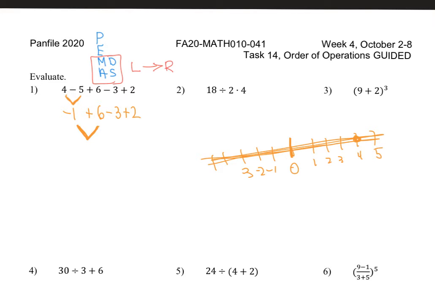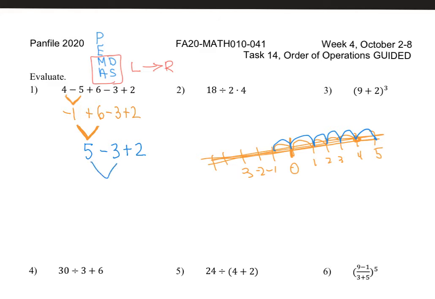Then I hopped -5, so 1, 2, 3, 4, 5. That's how I ended up at -1. Now I'm going to go +6, right? So 1, 2, 3, 4, 5, 6. So now I'm at 5 minus 3 plus 2.